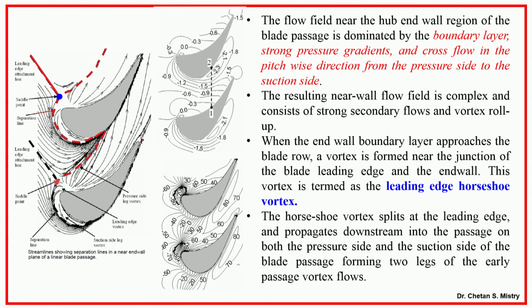I will have one separation line moving on my suction side and one separation line moving on my pressure side. Okay. Now, this deflection of the flow, if you look, this line is moving more towards the suction side. The reason is the differential pressure, which is why the flow is trying to move more towards that region.